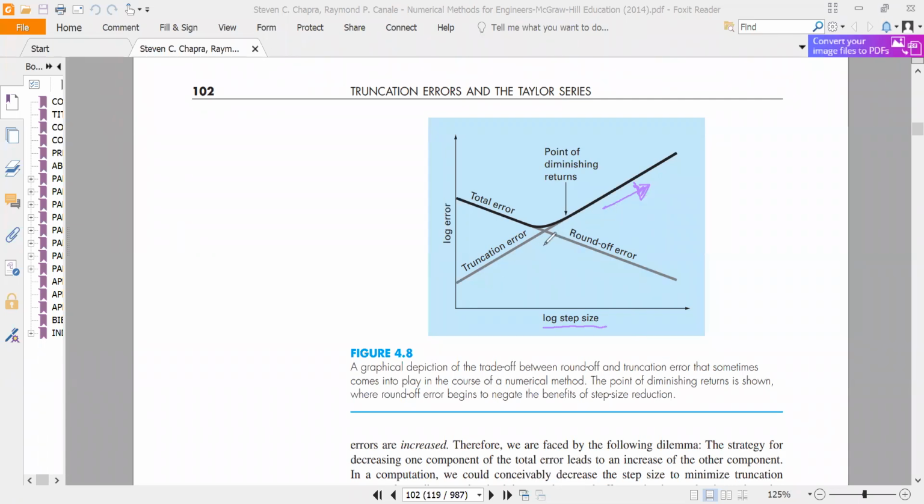Your truncation error will decrease for decreasing step size. But when your step size is very small, and in many problems your step size can be in the order of microns or something like this, then when this small number is dealt with by the computer, it will again cause some round-off error. For example, your round-off error will increase if the step size is very small.